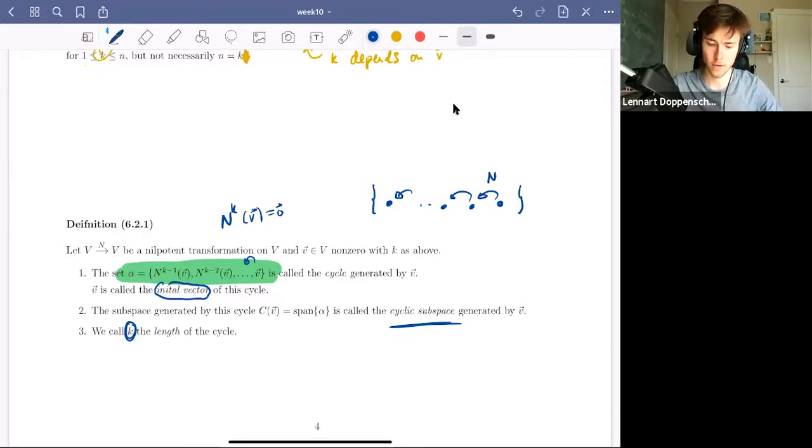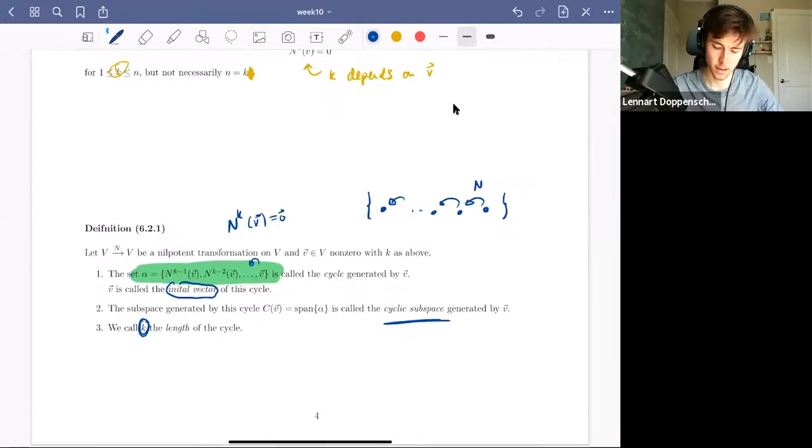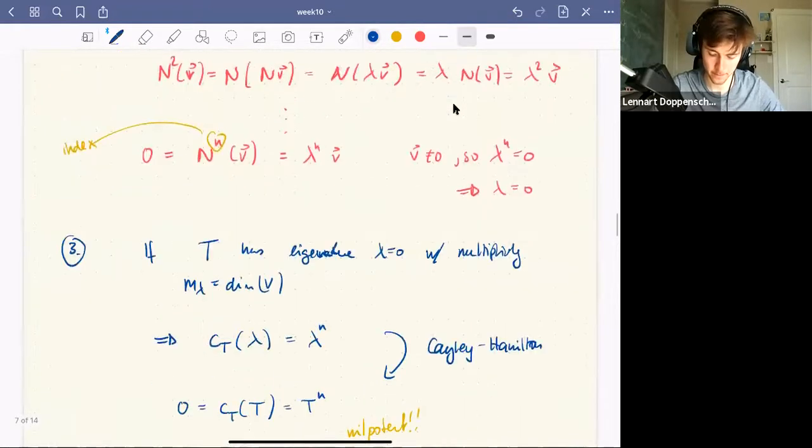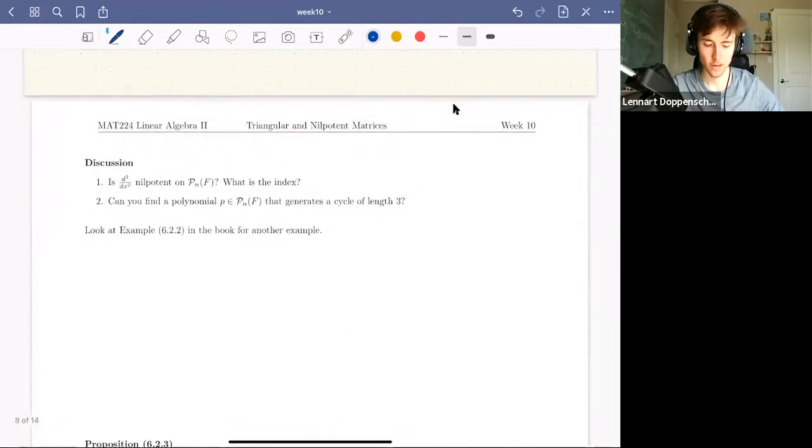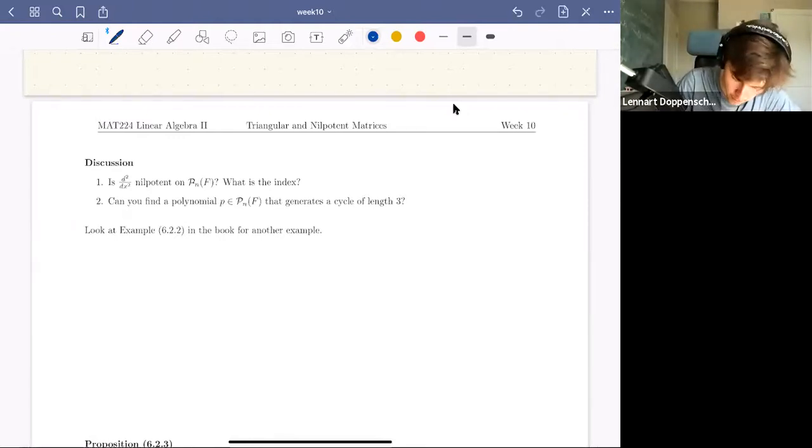So to let this sink in, I'll give you an example right now, or I think it's a discussion, and then we can apply this and see how this works in detail. So the first question is the transformation that takes the second derivative of a polynomial. Is it actually, this is supposed to be 7? Sorry.